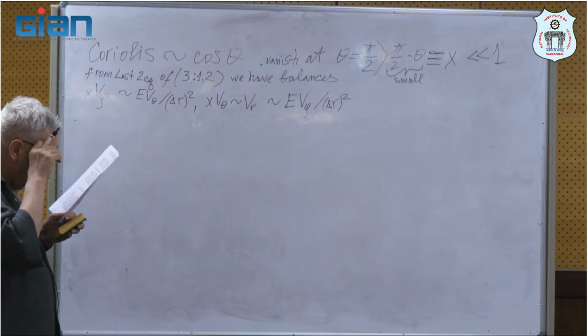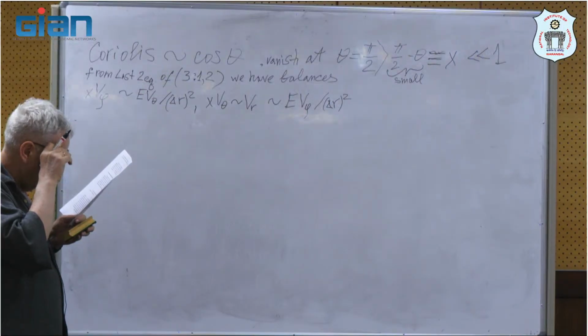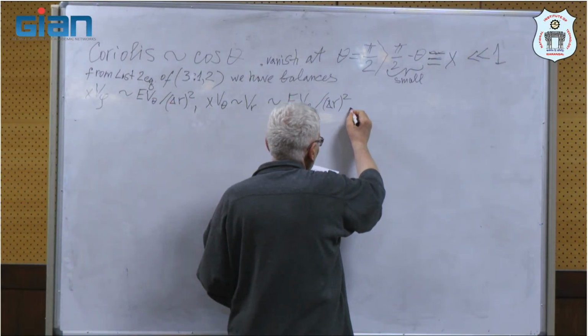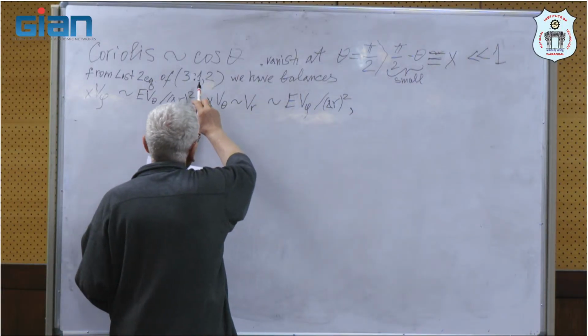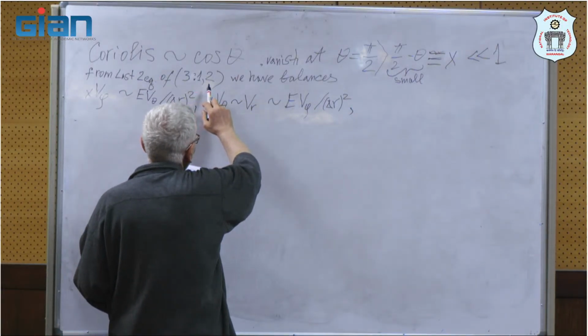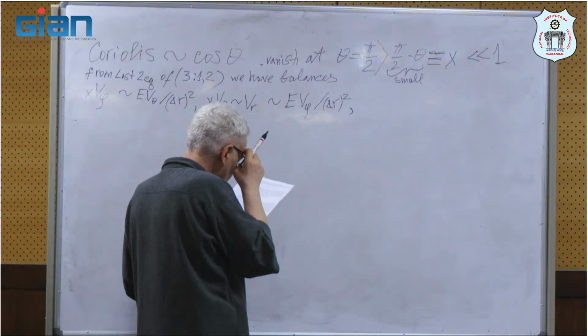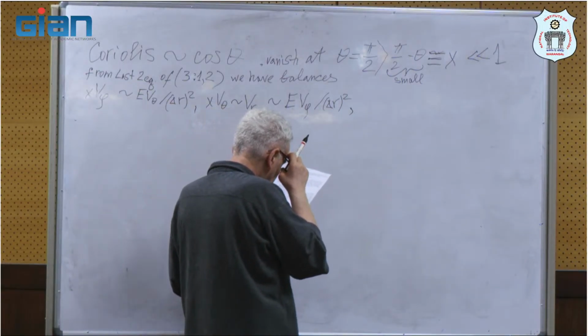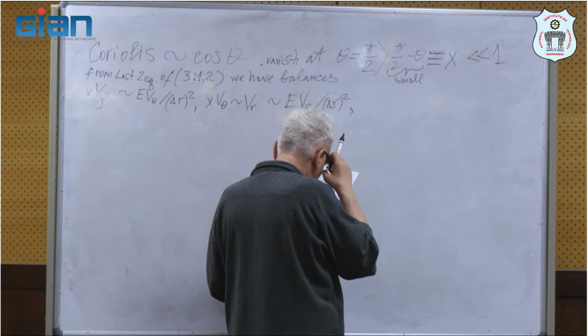Then again we have actually three relations for the last two equations in 3.1 and for one equation from 3.2. Delta R squared.